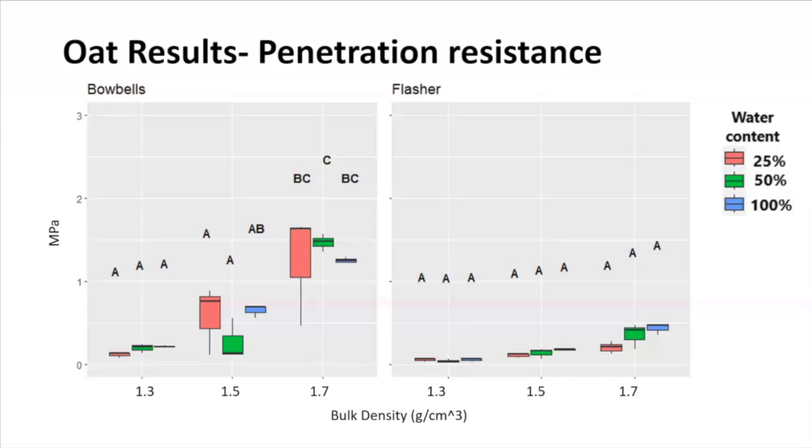So as we can see, this Flasher, our sandy texture, has a much more muted response than our loam texture, not super surprising in terms of penetration resistance. And this is for the oats.